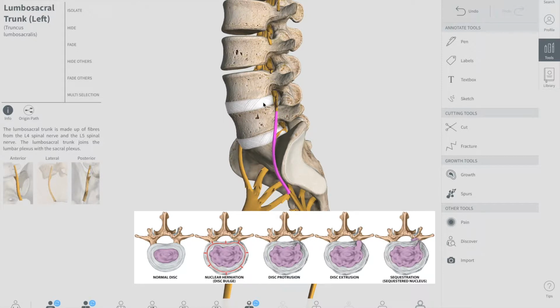So if that disc bulge, in a typical disc bulge, there would be some inflammation in the backside of the disc. It would, in most cases, produce back pain. And if the bulge is inflamed enough, irritated enough, it can also cause burning and tingling down the distribution of your sciatic nerve.